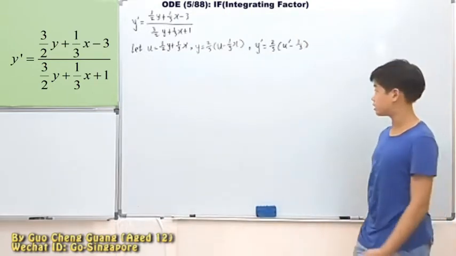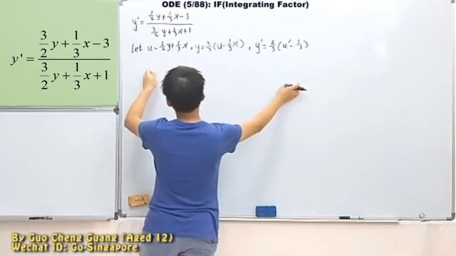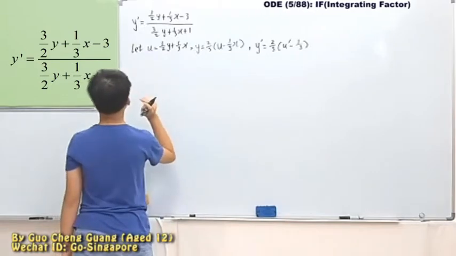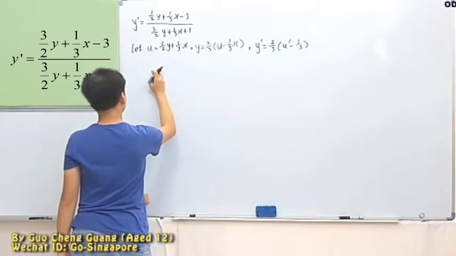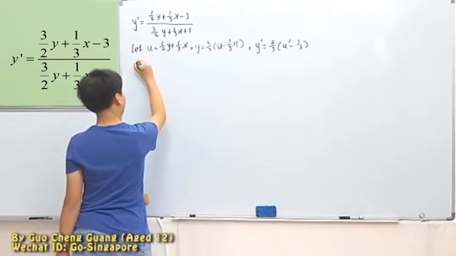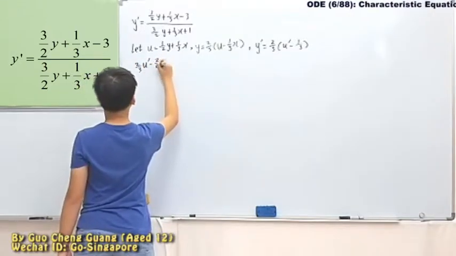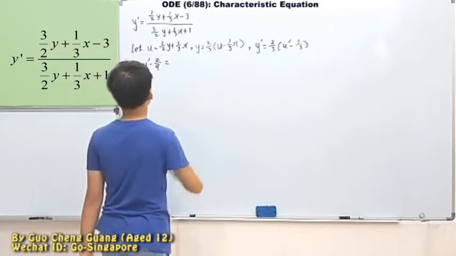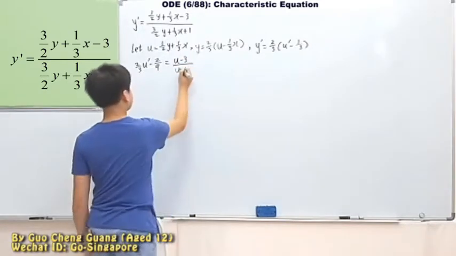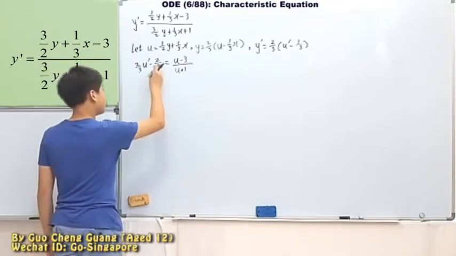So this is what you get. Then you put everything inside. What would you have for y prime? Of course, you need to change it into that form. This part is still u, here minus 3, and here plus 1. You get something like this, and you can move this to the other side.